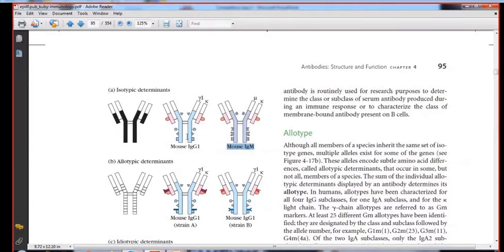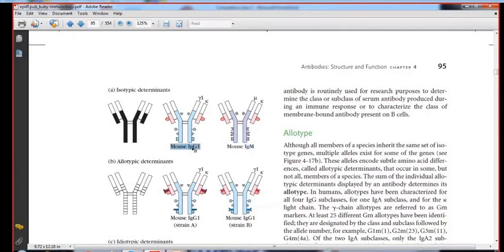They will see the constant region is totally dissimilar, and that is why whenever you are injecting human IgM to a mouse, the mouse will recognize that IgM as a foreign particle.